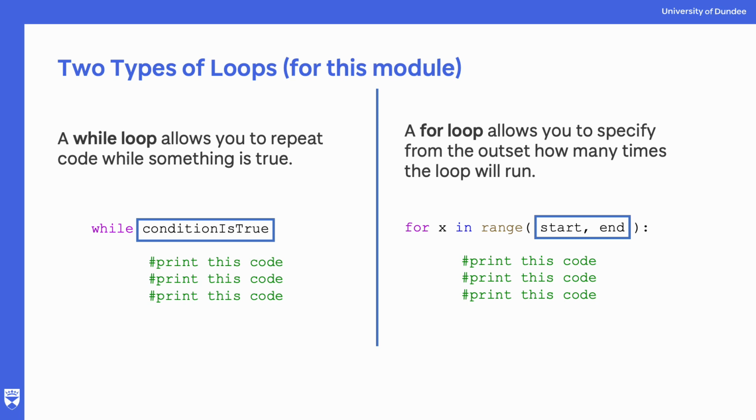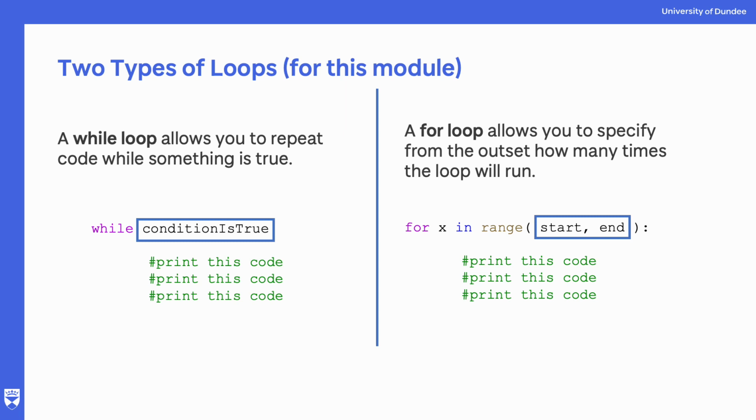There are two types of loops that we're going to look at in this module. There are other types, but we're going to focus on these two: a while loop and a for loop. A while loop allows you to use logical checking, where if this condition is true, just keep repeating that code as long as that thing is true.